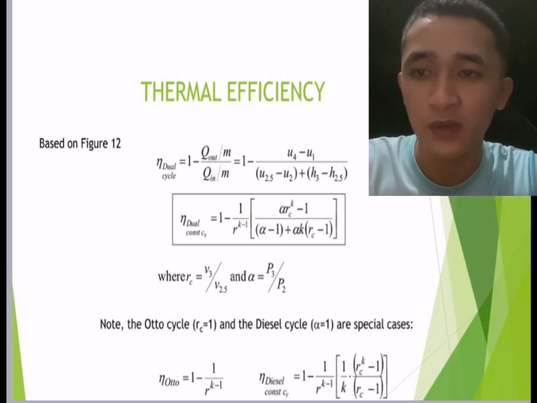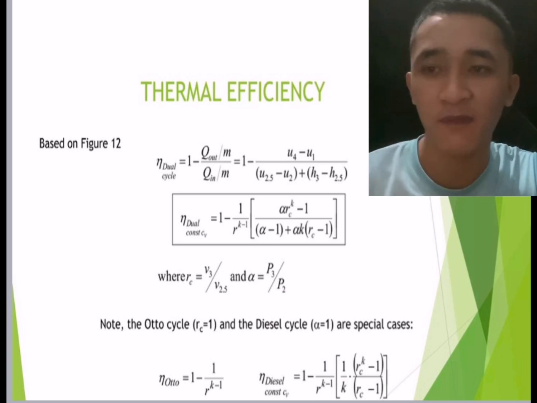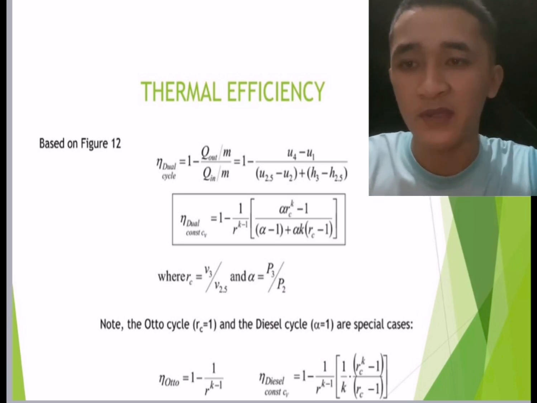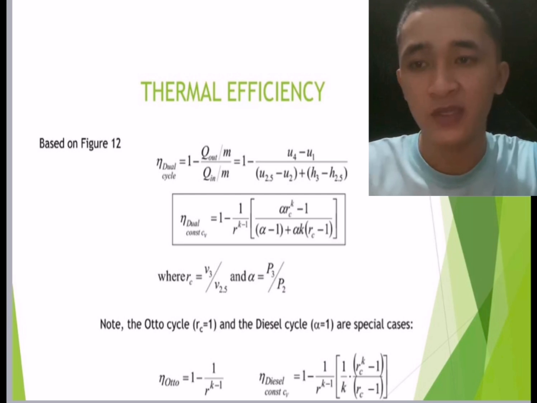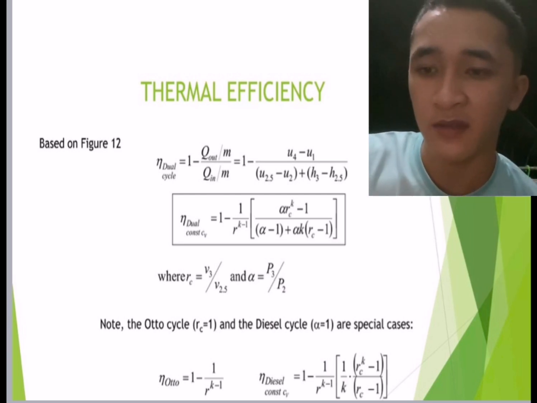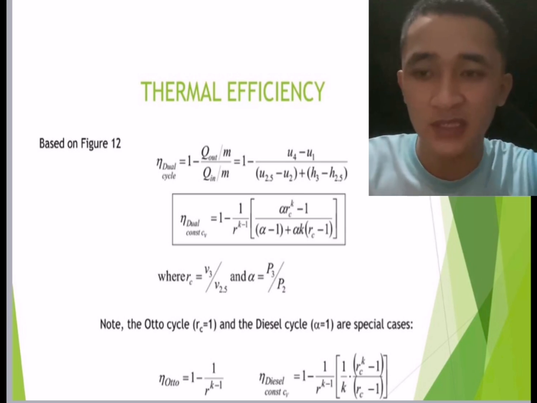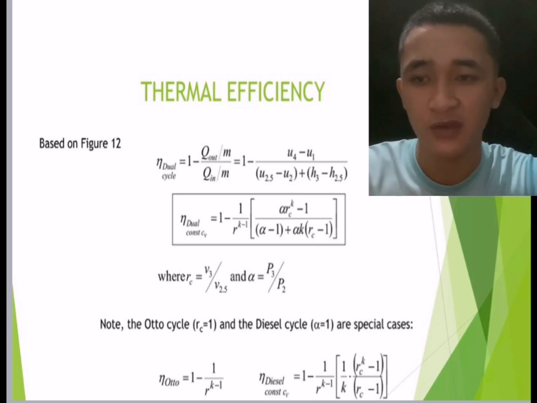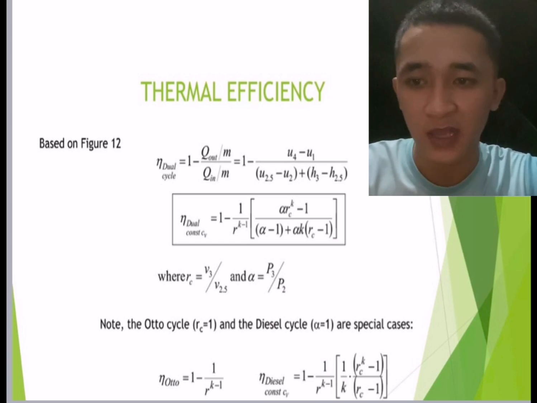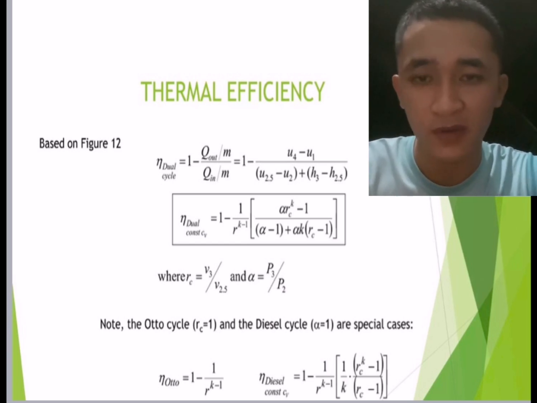It tells us what percentage of the energy from fuel is actually used to move a piston, turn a wheel, or do any mechanical work, and how much is wasted as heat to the surroundings. It is a dimensionless measure of how well a thermal device converts heat into useful work or other forms of energy.